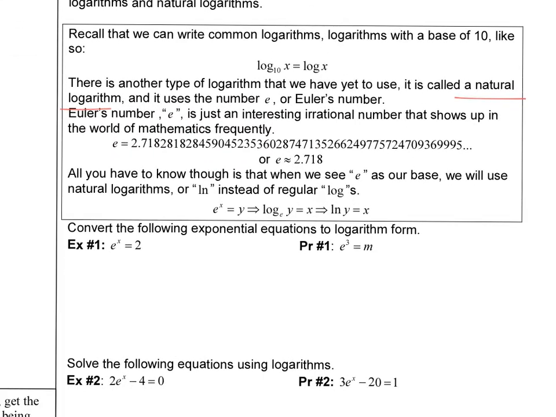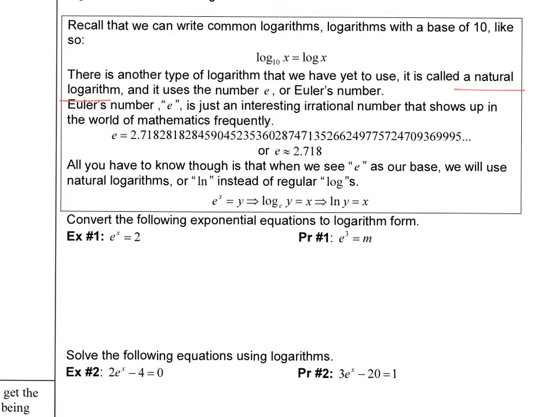What's crucial about this is now we're going to have things that say e to the x equals y. Well, when that's true, we can write it as a log, the same way we've been writing logs before. We could say log, and e is the base, so the base would go down here, and switch the y and the x. But whenever we have log base e, we need to replace it with ln.